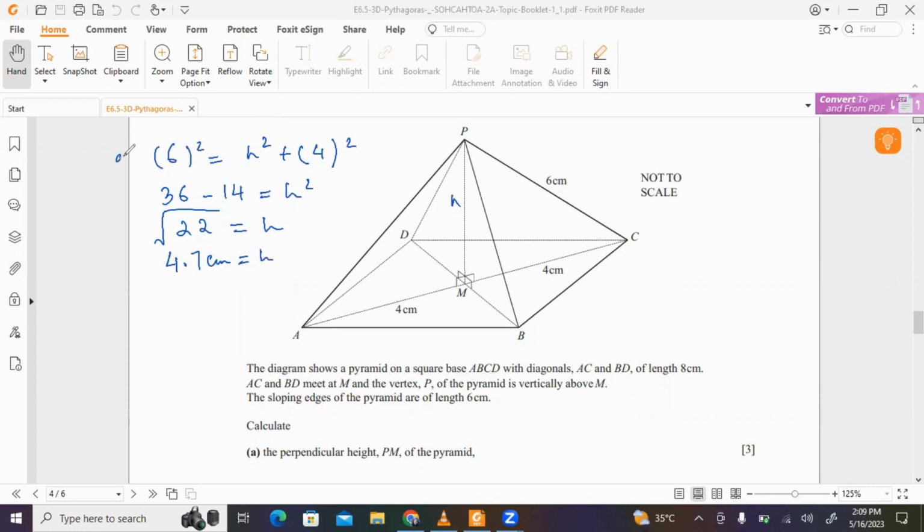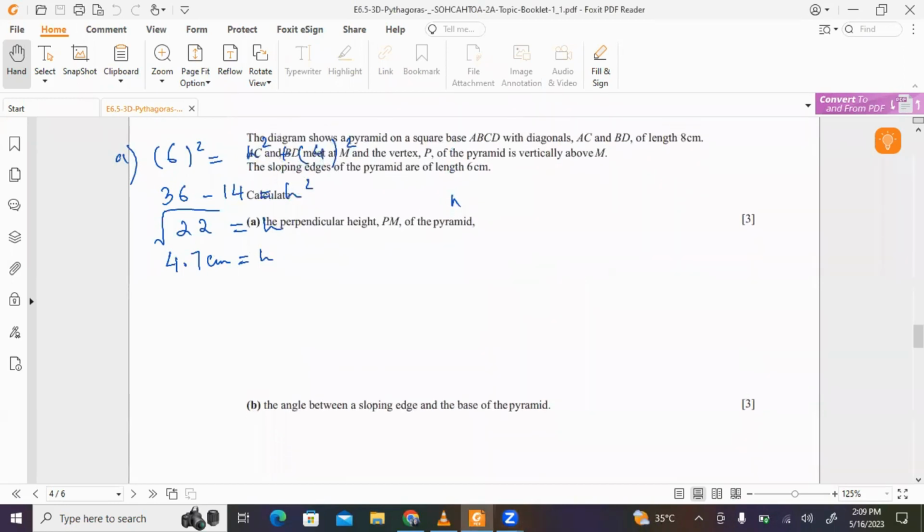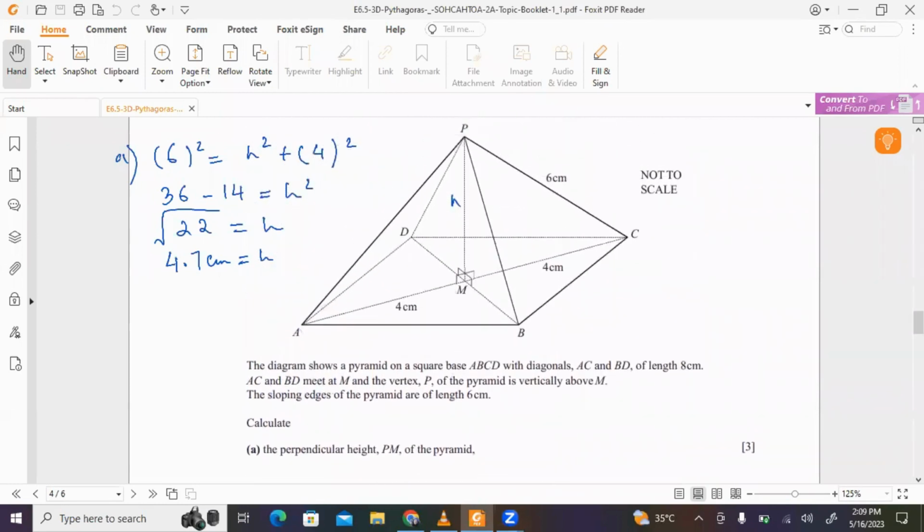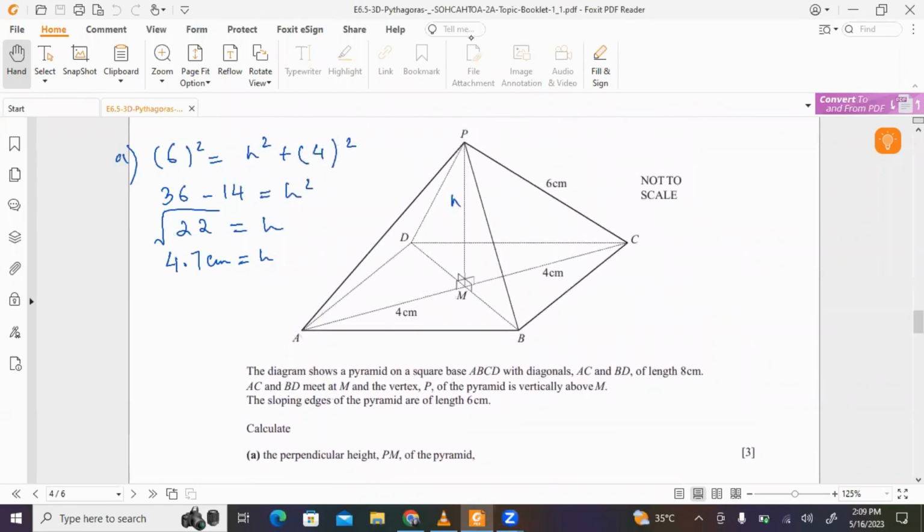Then part B was asking us to calculate the angle between a sloping edge and the base of the pyramid. We can use the same measurements. I always advise that whenever you're trying to find angles and some information is given while some isn't, always try to use the given information.